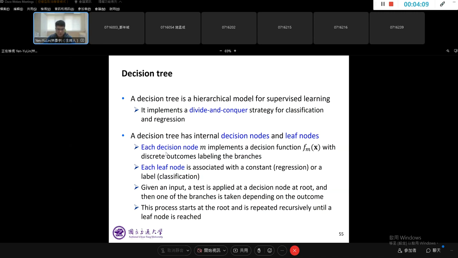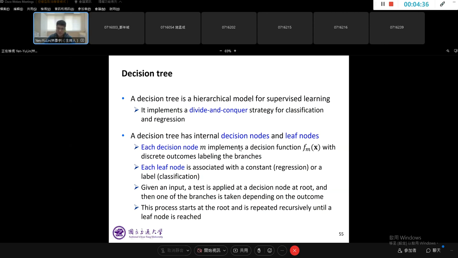For each decision node, we use M to denote this decision node. For each decision node M, it implements a decision function f_m(x). Given a data point as input, the output of f_m is the index of the branch.